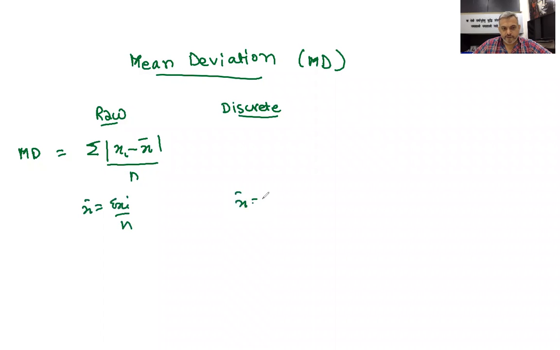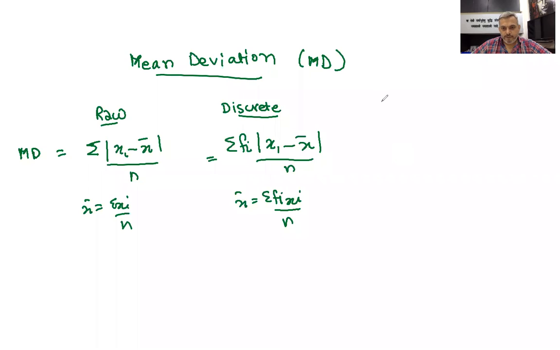For discrete it is x bar equal to sigma fi xi upon n. So when we go from raw to discrete, fi, that is frequency, comes into the formula: sigma fi modulus xi minus x bar upon n.